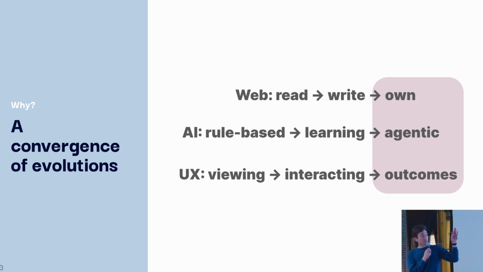But read, write, own doesn't just apply to data, it also applies to algorithms. So in particular, reading is about Web 1, where we can view content. Writing is about Web 2, where we can interact with content as well. Social media applications are a good example. And then ownership is what a lot of us are here for in Web 3. It can be data, it can be algorithms, it can be other things.